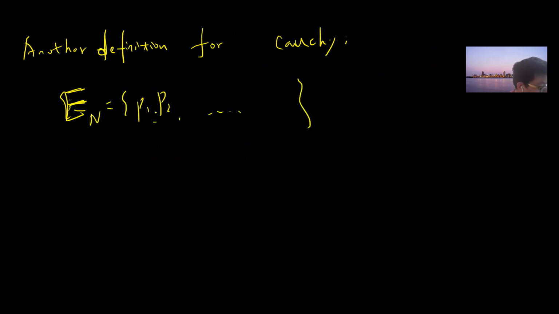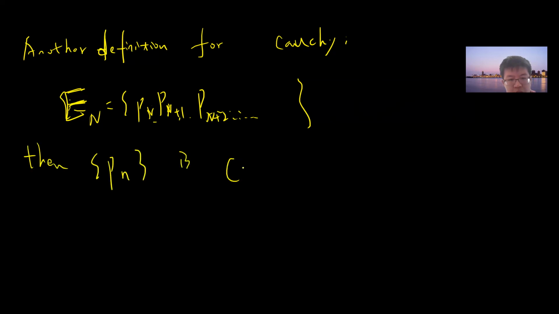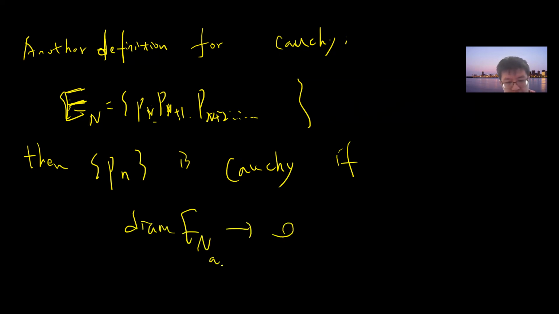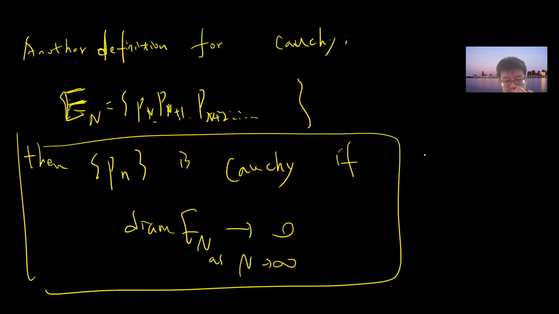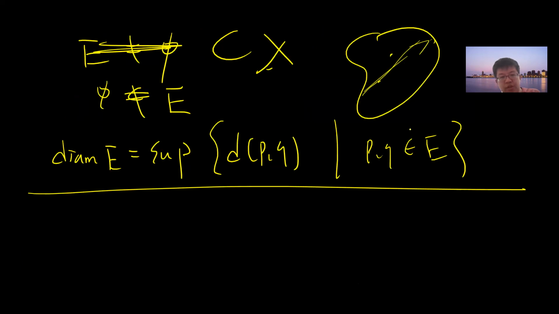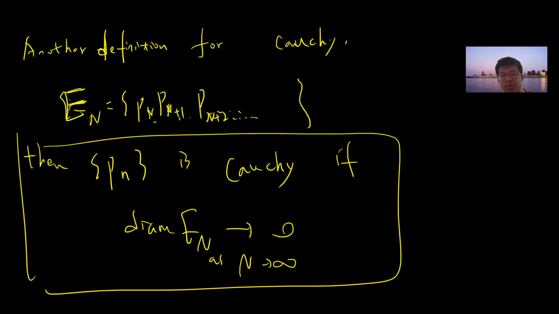For each n, you take this tail as a set, so for each larger n there's a set E_n. Then p_n is Cauchy by definition if the diameter of E_n goes to 0 as n goes to infinity. You should check that this definition is the same as the previous definition. Exercise, not difficult.